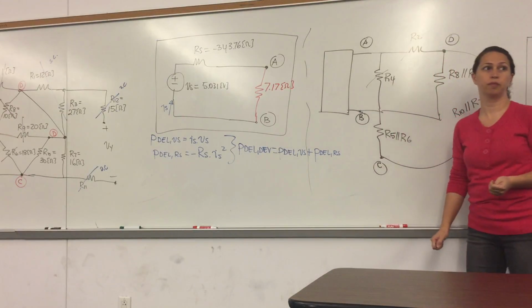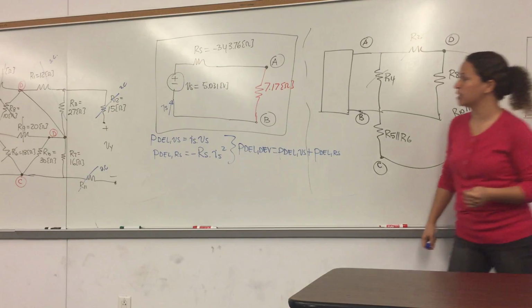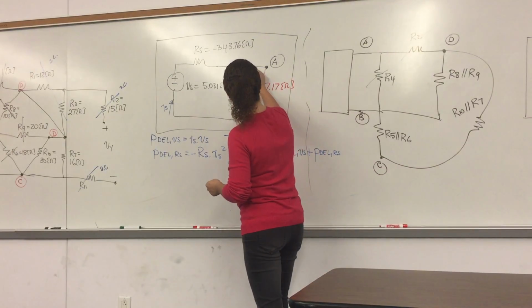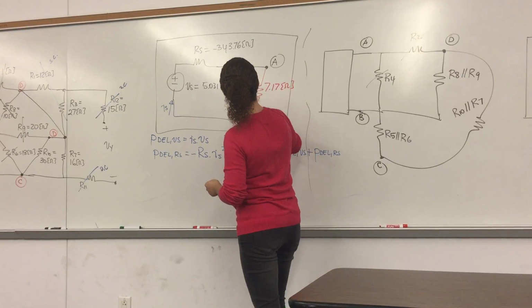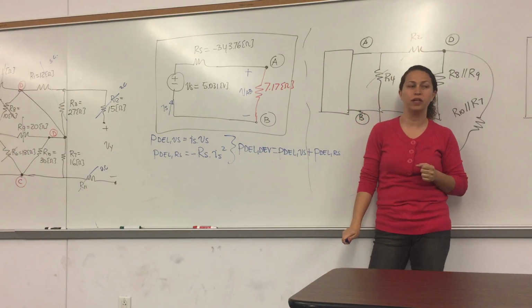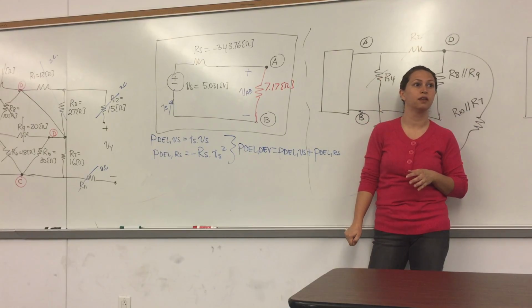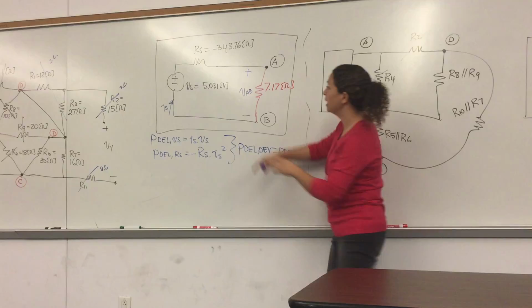What's an easier way? Find the voltage across the entire device. You can find the voltage across the entire device, right? Which is this. Let me call this VAB. The device. What is the power delivered by the device in this case? So in that case, open this, right?